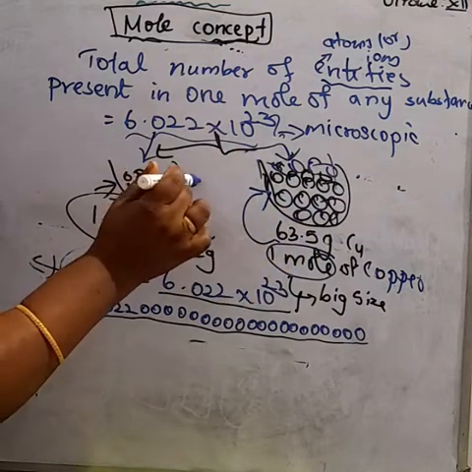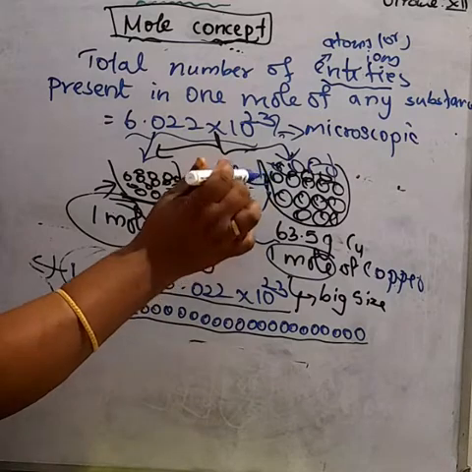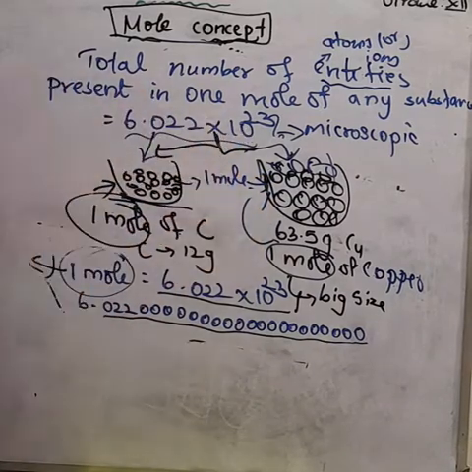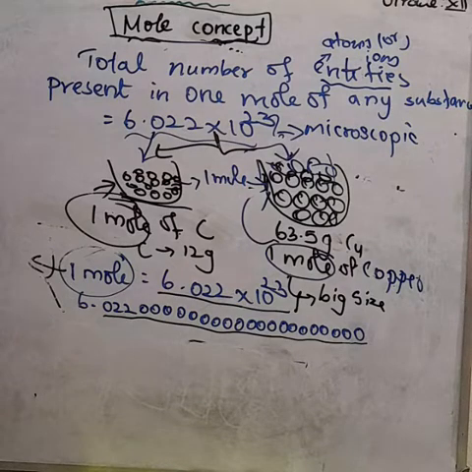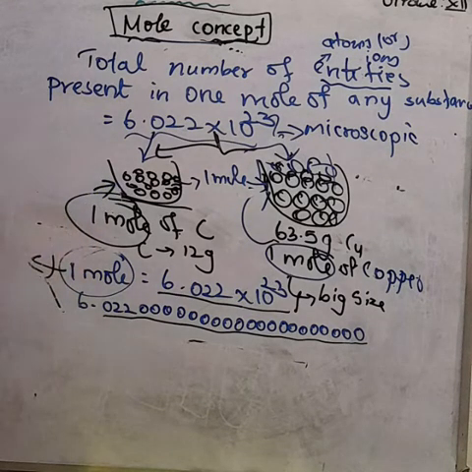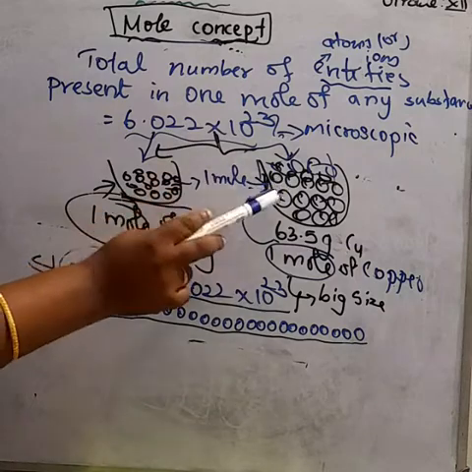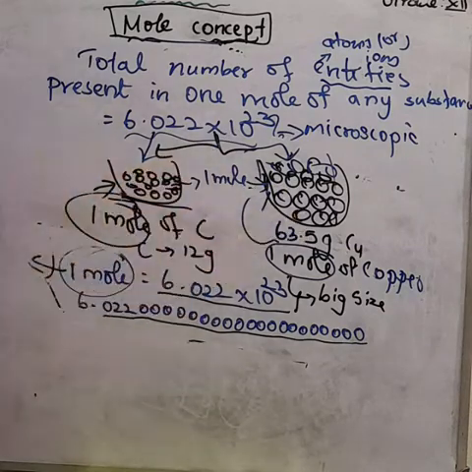So 1 mole of carbon, 1 mole of these entities, has 6.023 × 10^23. Understood? So 12 gram of carbon contains 6.023 × 10^23 atoms, and 63.5 gram of copper also has 6.023 × 10^23 atoms. That is why we call it 1 molar carbon, and also 1 molar copper.